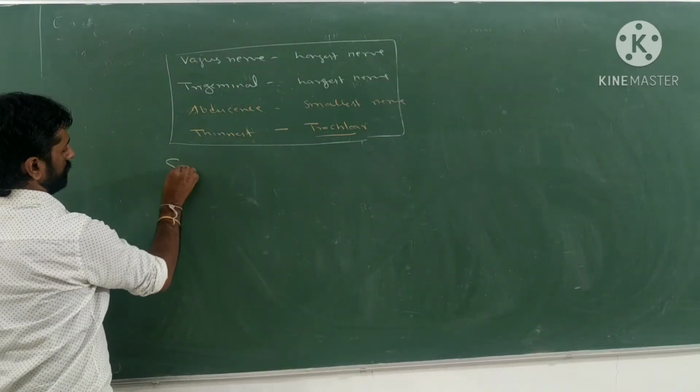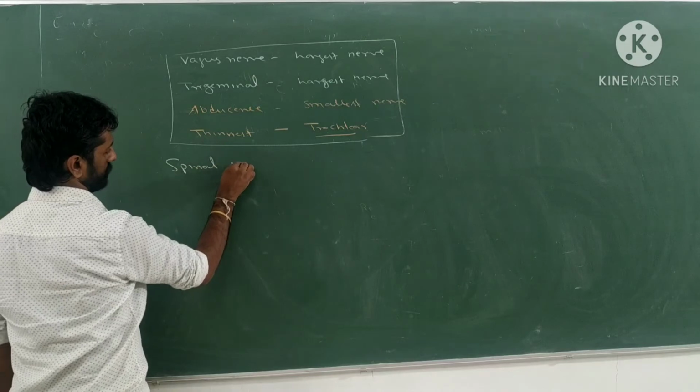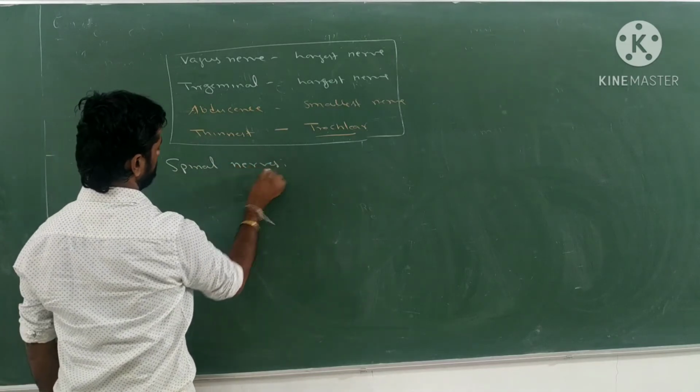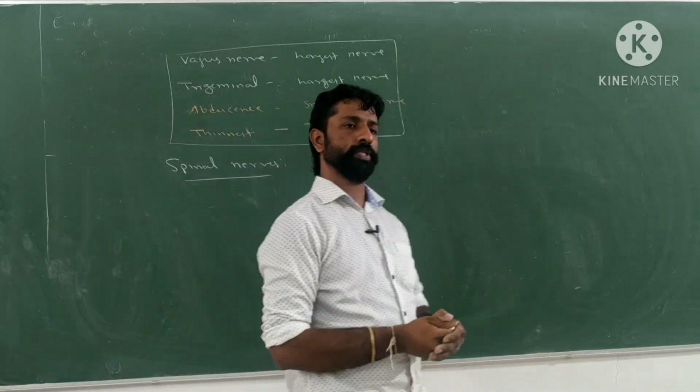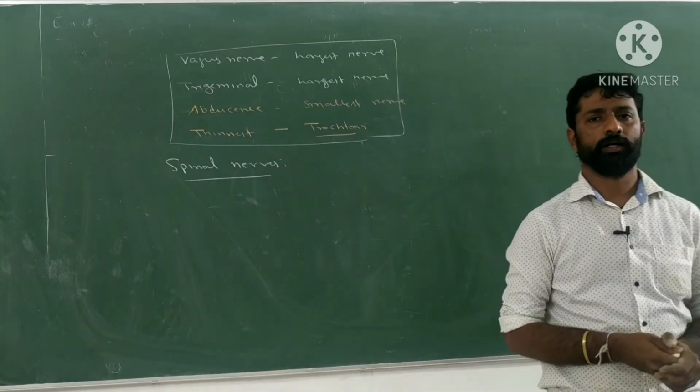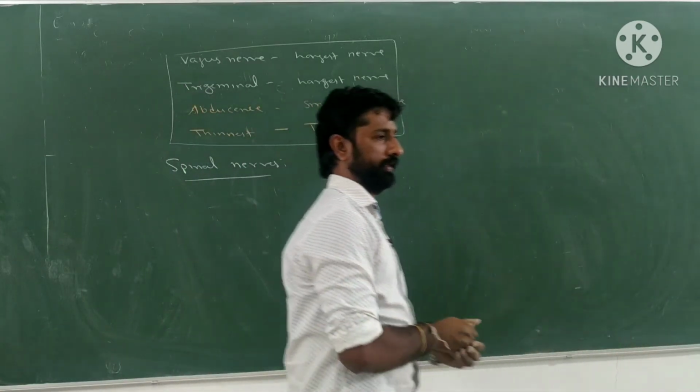Next is regarding spinal nerves. What do you mean by spinal nerves? The nerves which arise from the spinal cord are called spinal nerves.